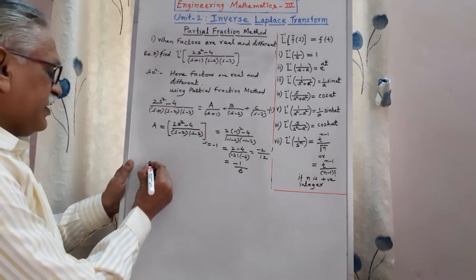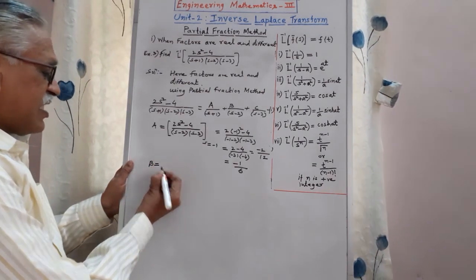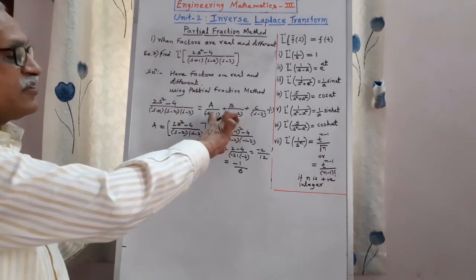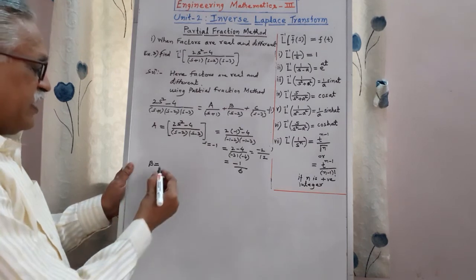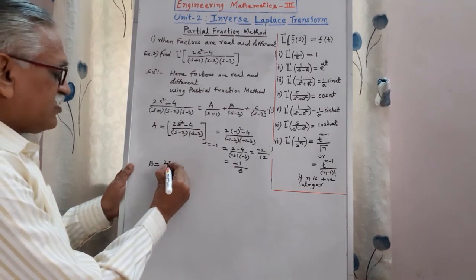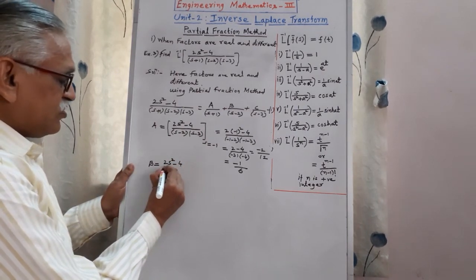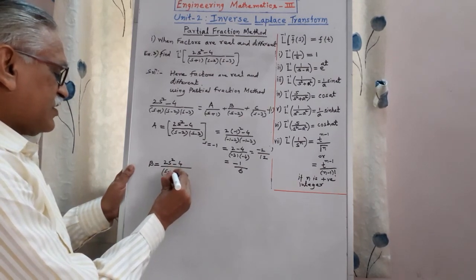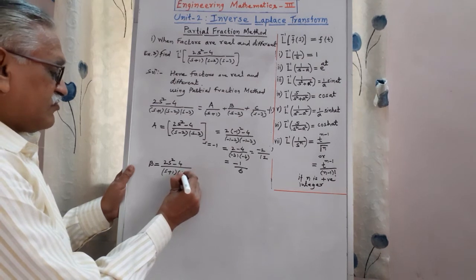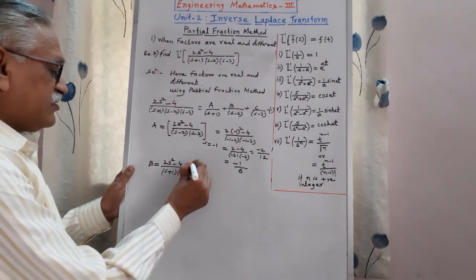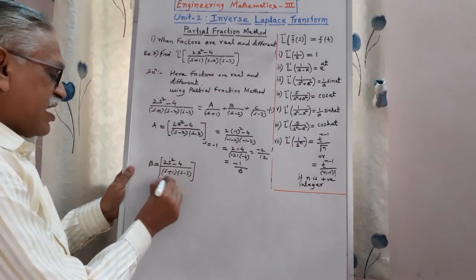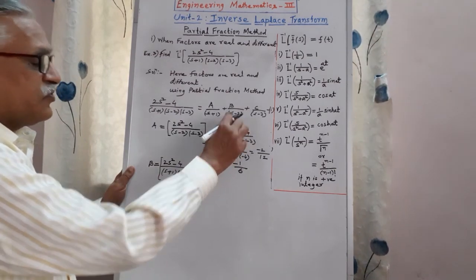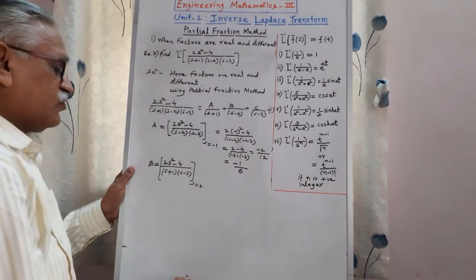Then we find B, this time neglecting the term below it, that is s minus 2. From this we get 2s square minus 4 divided by (s plus 1)(s minus 3) at s equals, equating s minus 2 to 0, we get s equals 2.